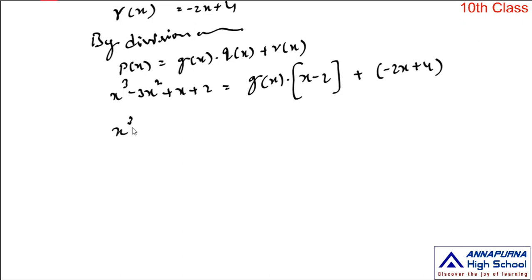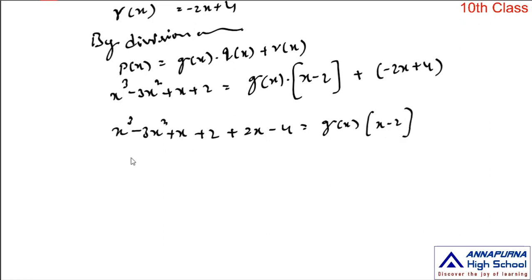So x cube minus 3x square plus x plus 2, minus 2x when transposed to the left side changes to plus 2x, plus 4 transposed to the left side changes to minus 4, is equal to g of x into x minus 2. Simplify this: x cube minus 3x square plus x plus 2x is 3x, plus 2 minus 4 is minus 2, equal to g of x into x minus 2.